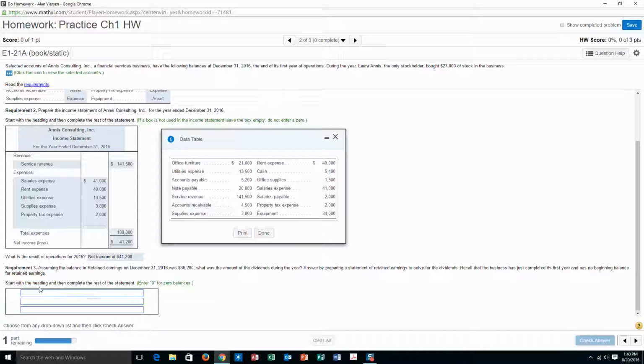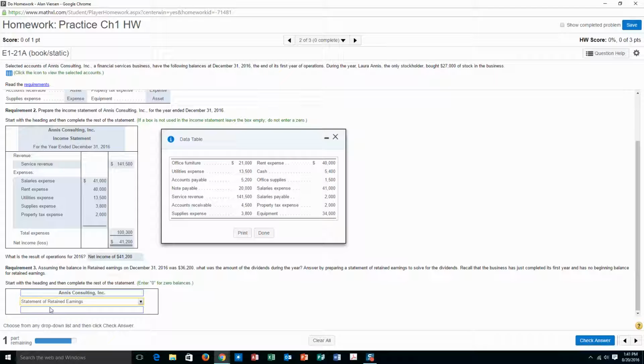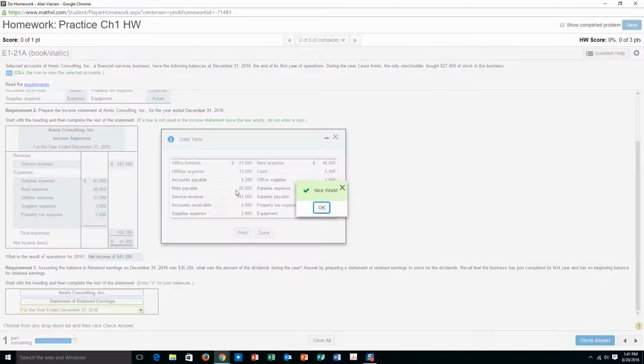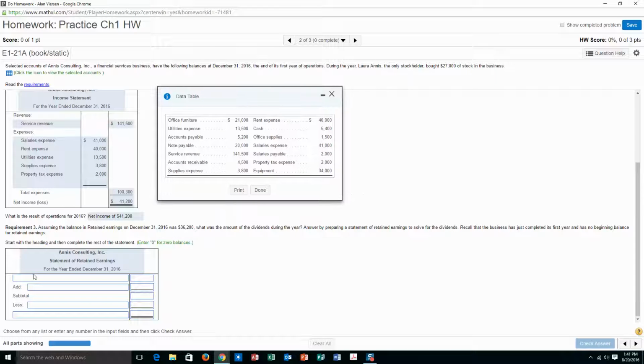So this is the first year of our business. So first of all, we'll put in for retained earnings, we'll put in the heading, which will be the statement of retained earnings. This also is for the year ended December 31st. So our heading looks like this. And then we'll put in the amounts.